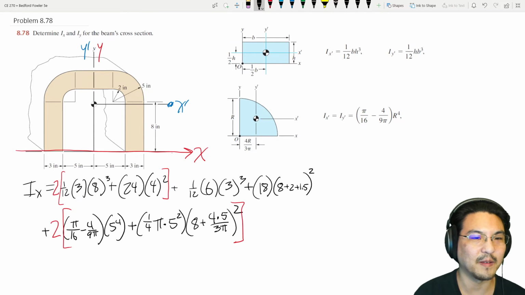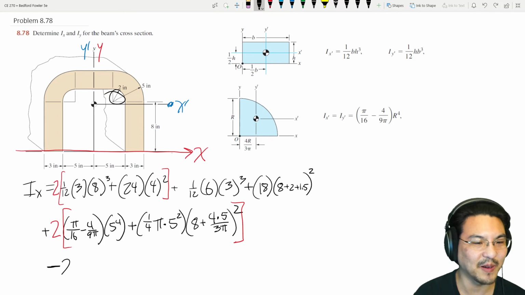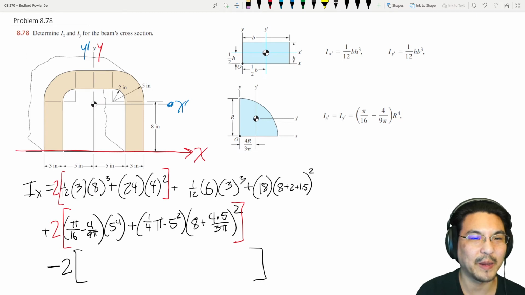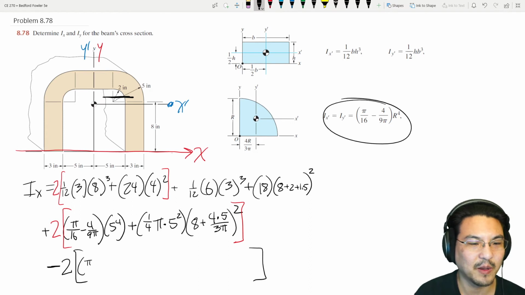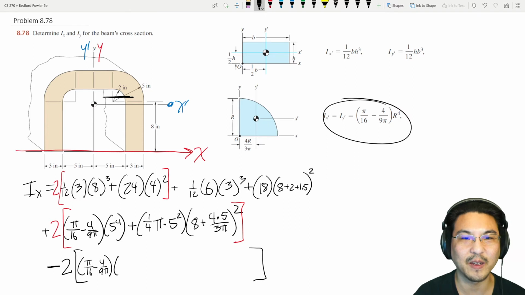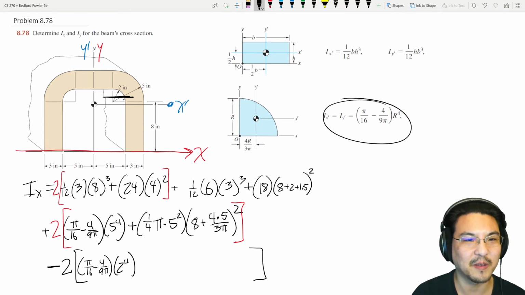All right. And then now this quarter circle cutout. So that's going to be minus, and already I know that there are 2 of them, so I'll just put the 2 right here. For the quarter circle cutout, about over here is right here, (pi/16 minus 4/(9 pi)) times the radius to the 4th, and then the parallel axis theorem.